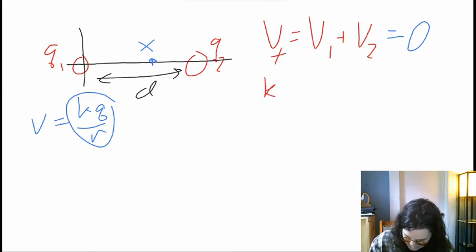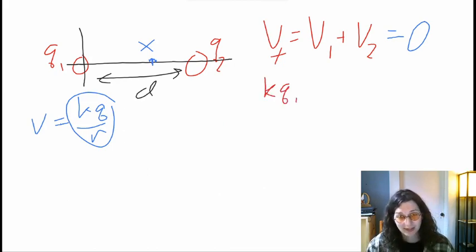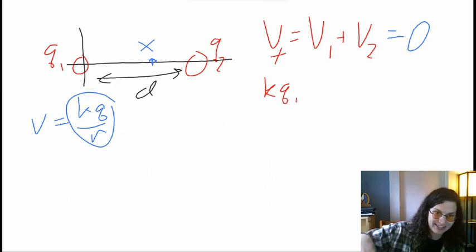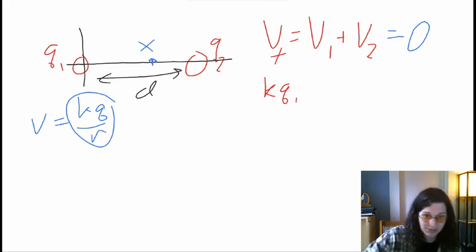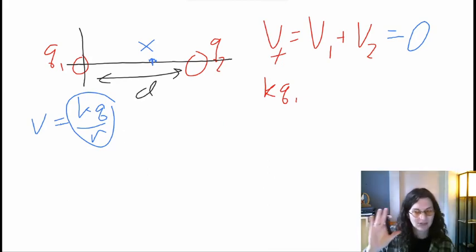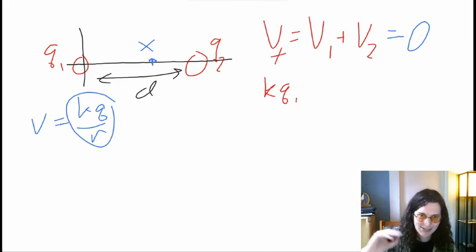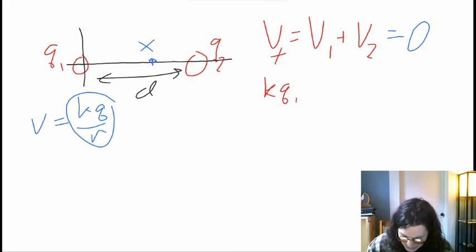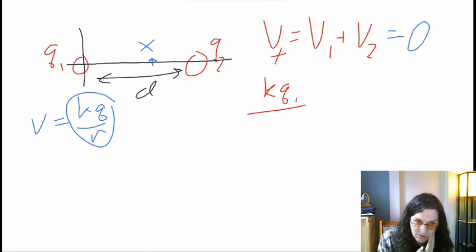V1 is K times Q1. Notice there are no absolute values here. Potential is a scalar, not a vector, which means it doesn't have direction. However, it can still be positive or negative, according to the sign on the charge. On the bottom, we have the distance from the origin, since we're looking at charge 1.